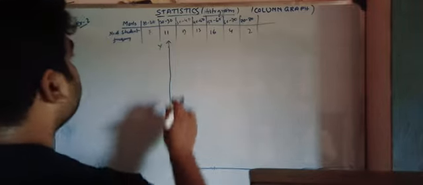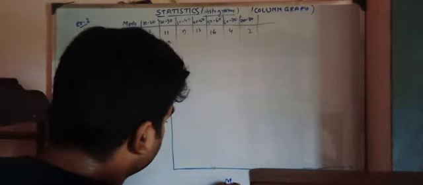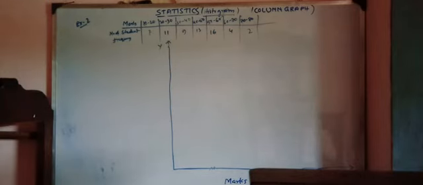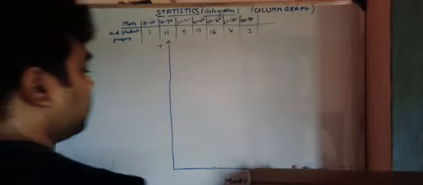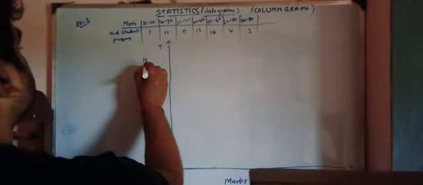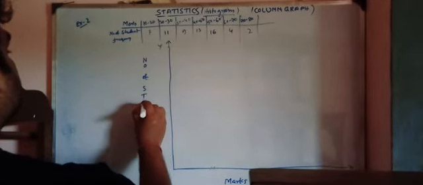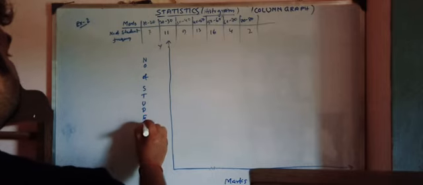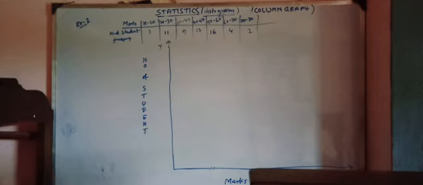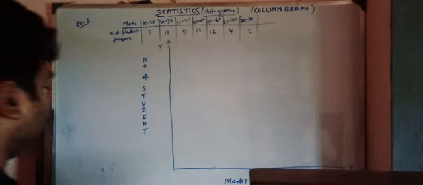We can plot marks over here, over this axis the marks should be put, and over there the number of students.